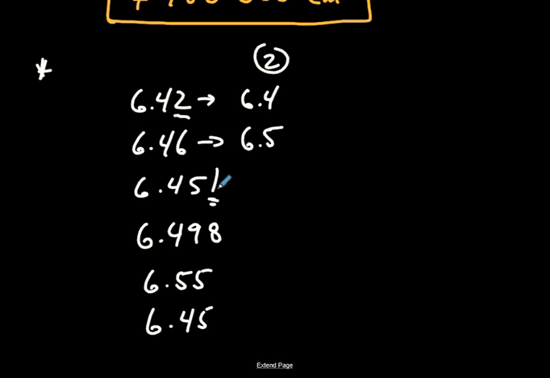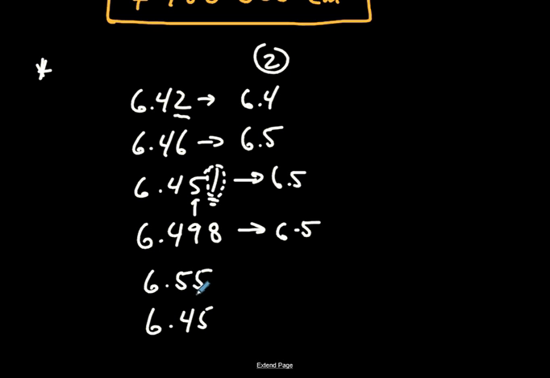If the digit we need to look at for rounding is a 5 followed by another digit, we will always round up. So that becomes 6.5. This one is followed by a 9, so it just rounds up. No problem there.